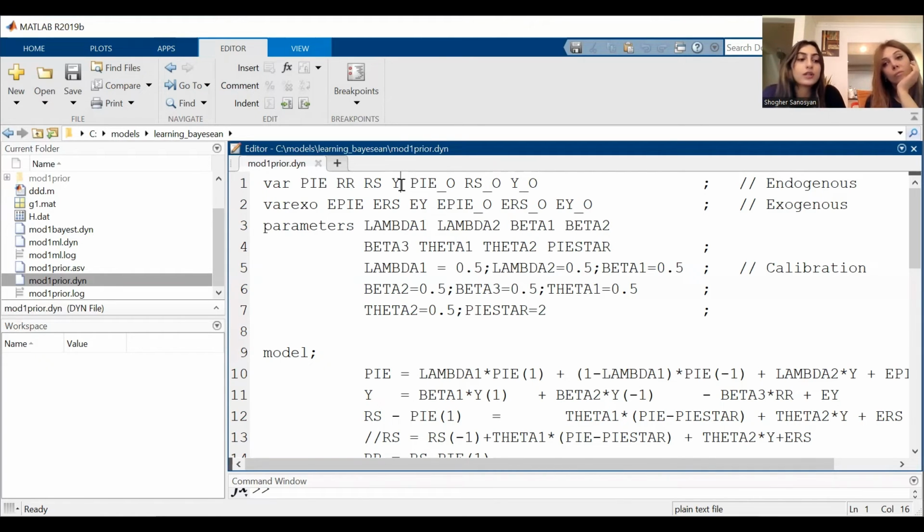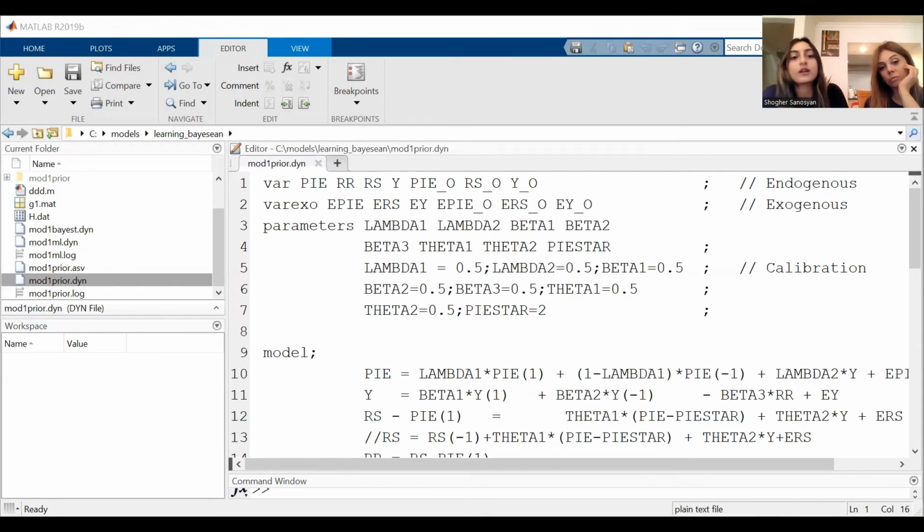We also take into account the possibility of measurement errors. That's why we have the underscore O, for example pi underscore O for observed inflation. Next, we have our exogenous variables.